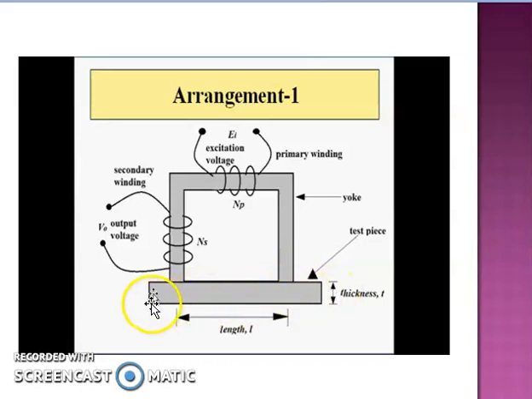Here the test piece is connected. Whenever the test piece moves, the air gap also changes. Due to that movement, the flux across the yoke changes, and the inductance also changes. We can get the output as per the changing inductance.